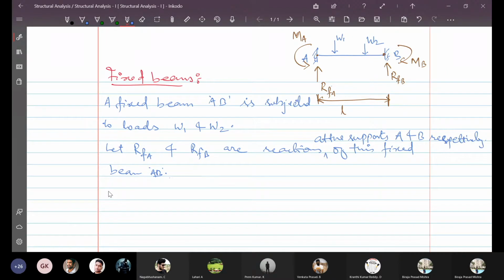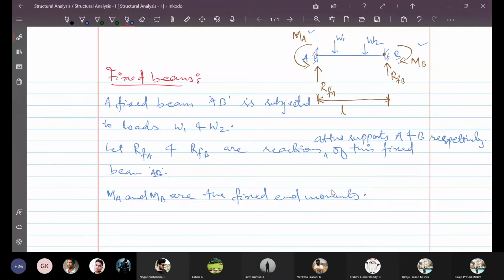Okay. Now let us say MA and MB. These moments have developed at the fixed ends. So we can call them fixed end moments. Okay, so MA and MB are the fixed end moments, right?